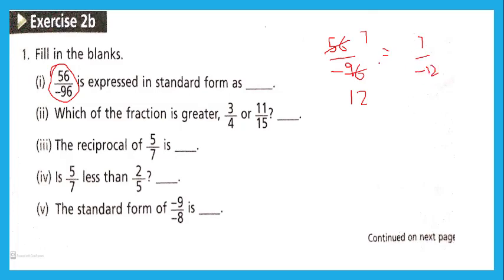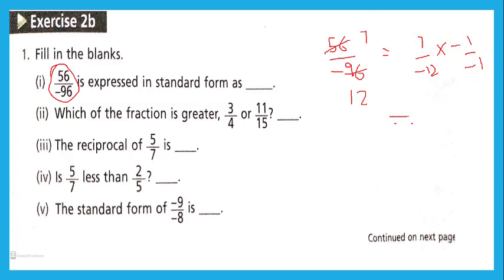Now the first condition is met, we have reduced this fraction to the simplest form, but then there is this second requirement, which is the denominator should be positive. Here we have minus 12, the denominator is negative, so we need to make it positive as well. To make it positive, I need to multiply it with minus 1 and then divide it with minus 1 as well.